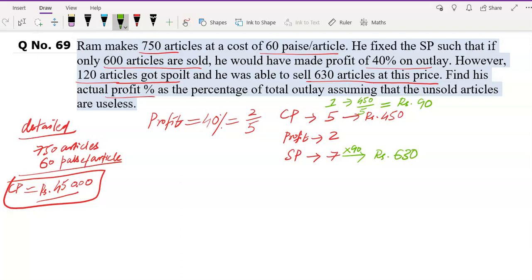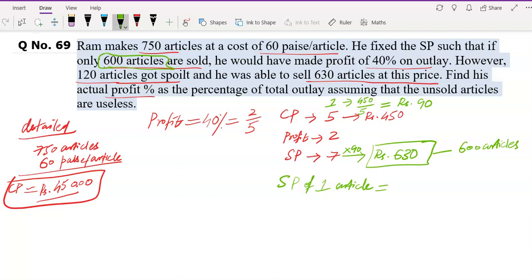So our total SP is how much? Rupees 630. Now this person Ram, he has sold 600 articles to make this profit. So if we need to find the SP of one article, this SP is of 600 articles.